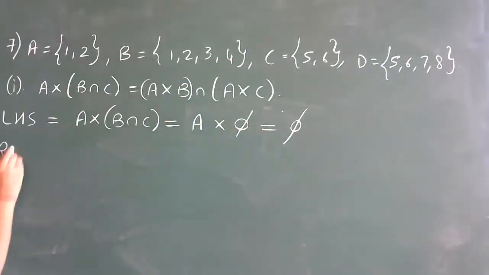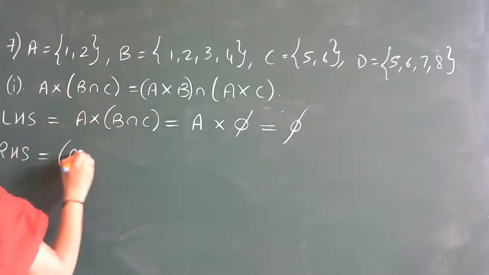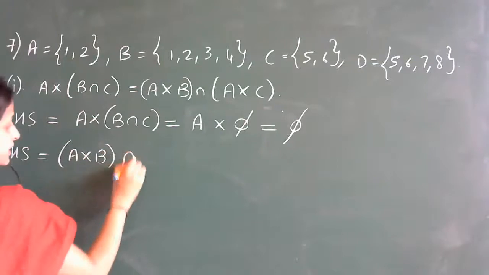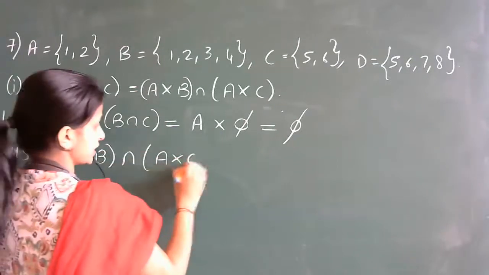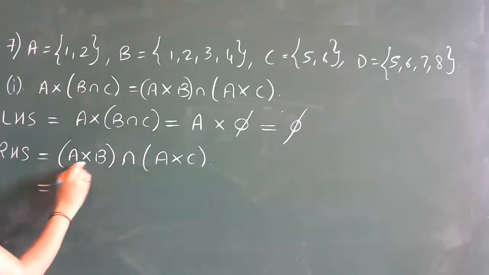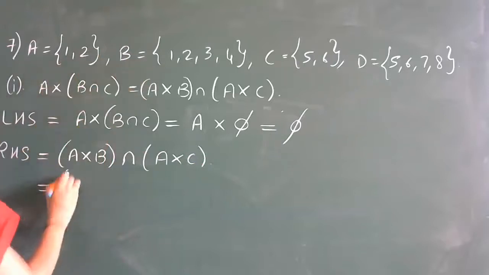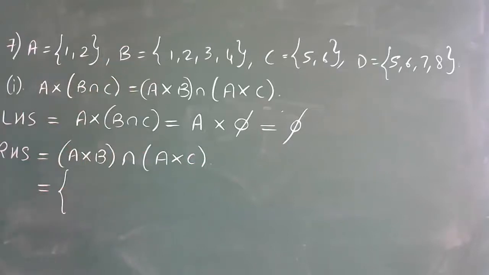Now we will find what RHS is. RHS is (A cross B) intersection (A cross C). Let us find A cross B. This is A and this is B. We will start with each ordered pair one by one.